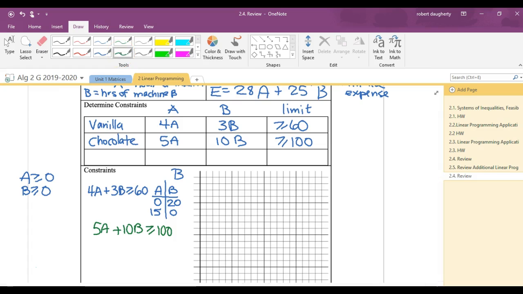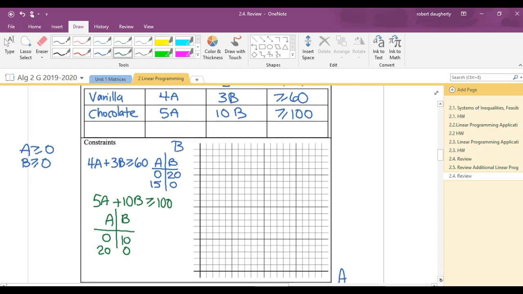And in the next one, if A is equal to 0, B is equal to 10. If B is equal to 0, A is equal to 20. Okay, so I need to be able to scale to 20 in both cases.